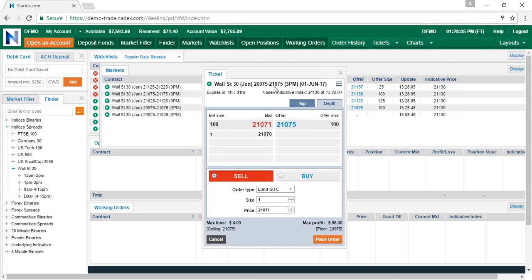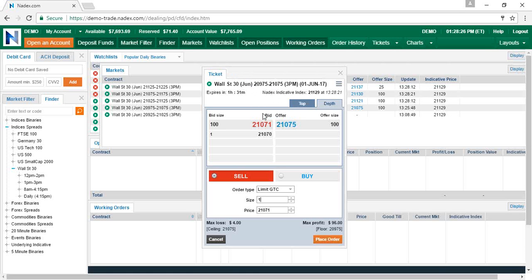Where is the ceiling or the top of this particular spread? Because this would be the bottom, the floor. This would be the top, the ceiling. Everybody understand that? So the ceiling is at what? 21,075.